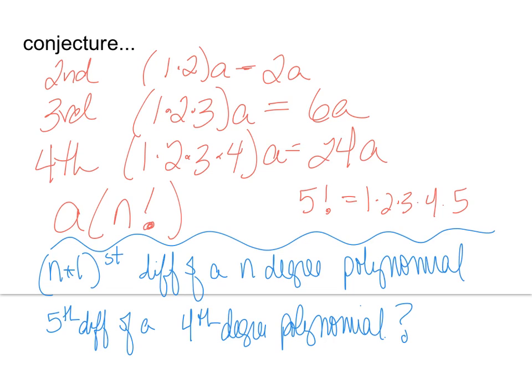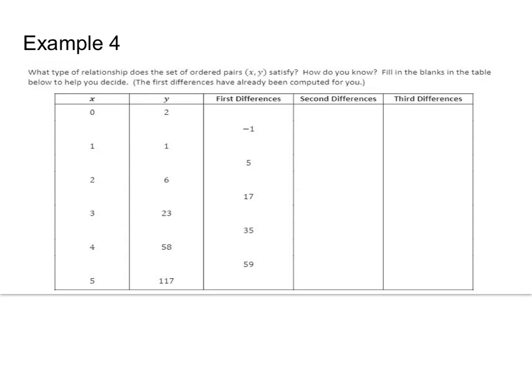So the fifth difference of a fourth degree polynomial, your constant is going to be 0. So your n plus 1 difference of that polynomial will always be a constant of 0.